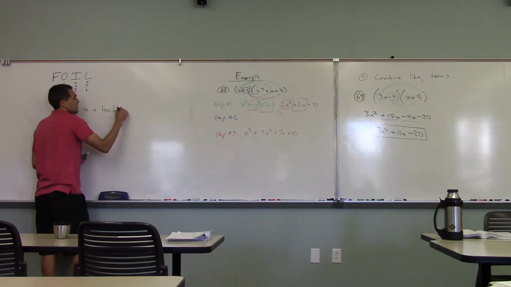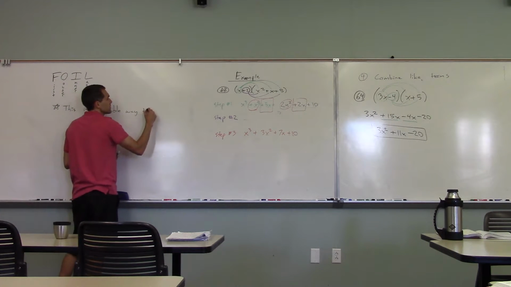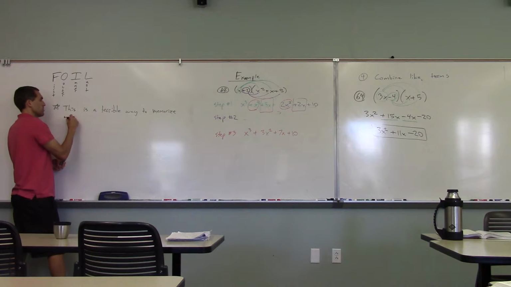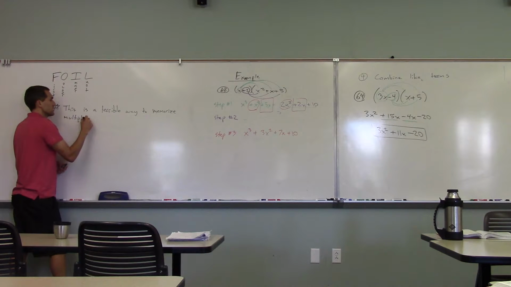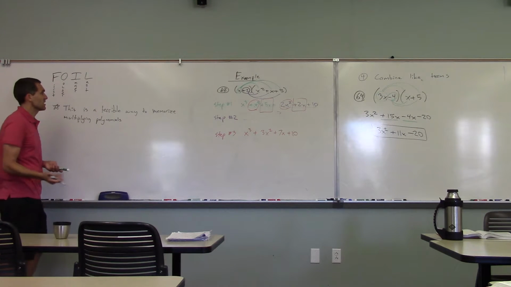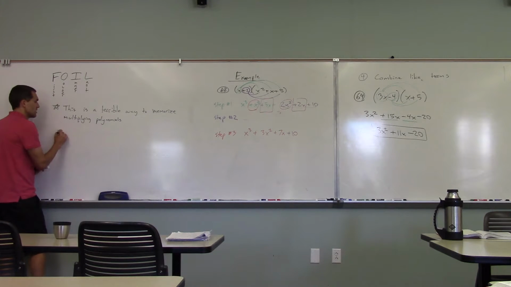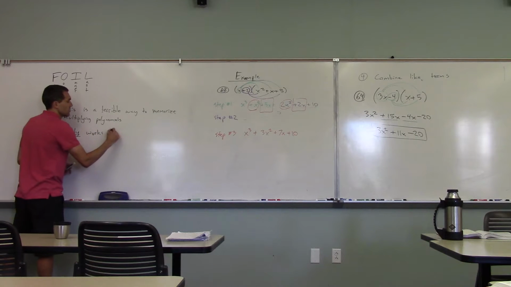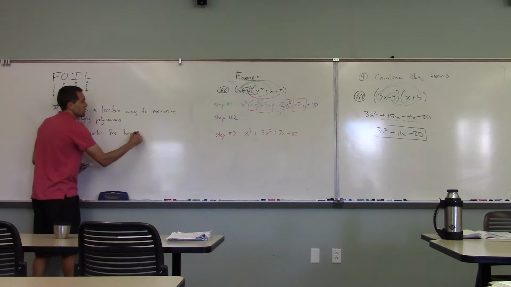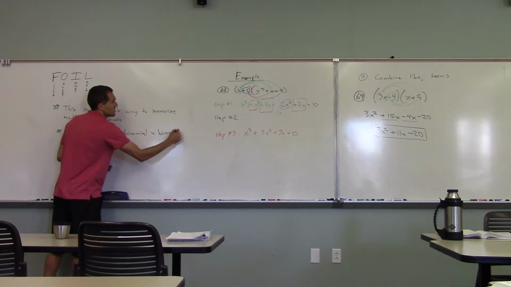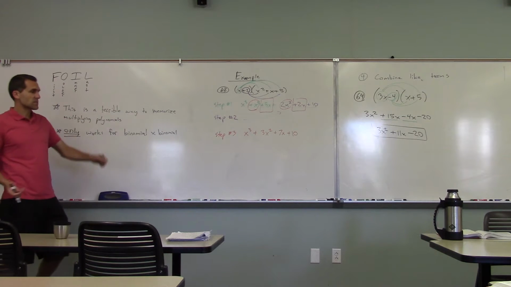It isn't, but it's a terrible way to memorize multiplying polynomials, right? What's its big limitation? Only 4 terms? Yeah, exactly. You can only use this for binomial times binomial. That's it. Right? It doesn't work when you have 3 terms. So we could use it on 64.